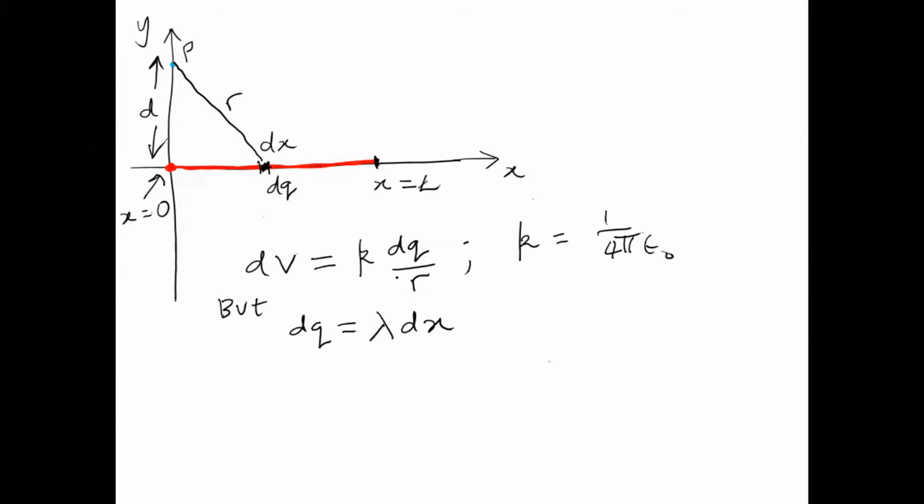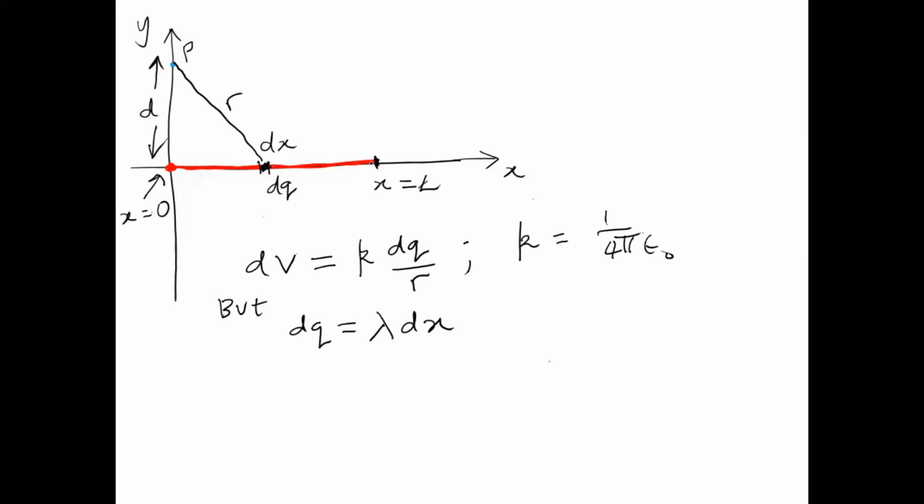It could change depending on where you have taken this element. If you have taken it here, then R will be smaller. If you take it here, then R will be bigger. So R is a variable.